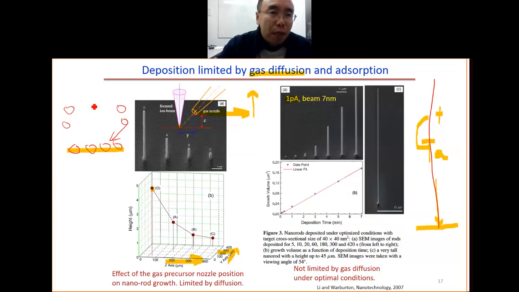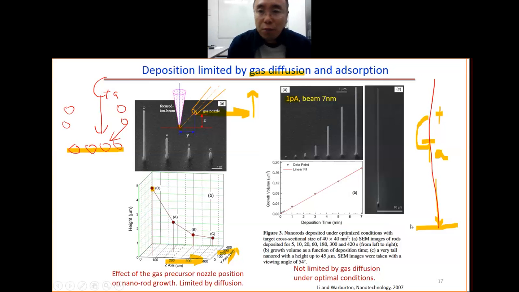At the same time, the gallium ion comes in, and this gallium ion will convert the precursor gas into the film material, tungsten or platinum. When the current is very low, only 1 picoampere, the time taken by the gallium ion to remove this monolayer is longer than the time to form the monolayer. So effectively, the gas diffusion to the surface becomes faster than the beam current. That's why we don't have the milling.